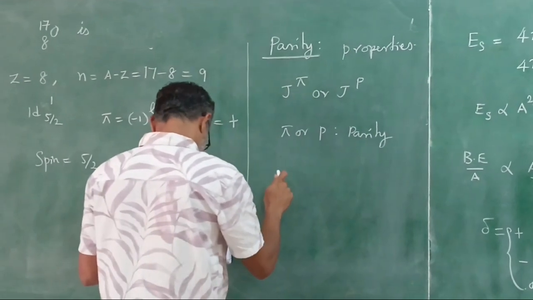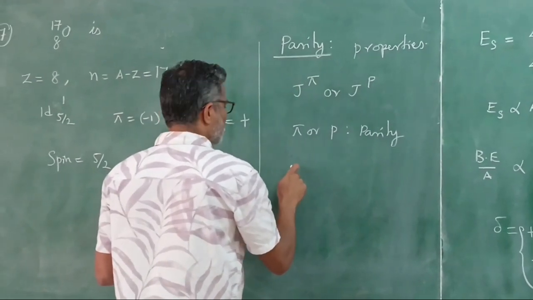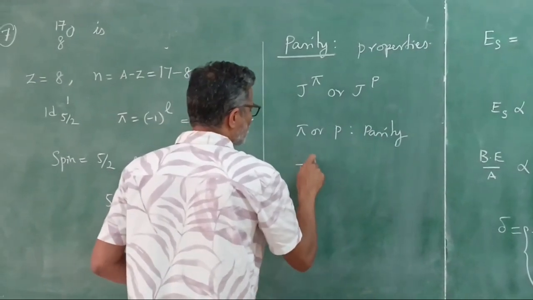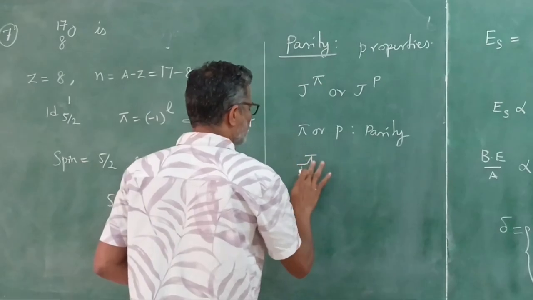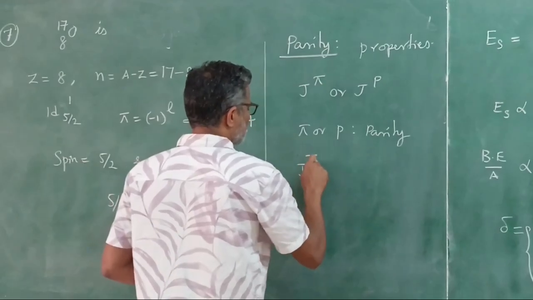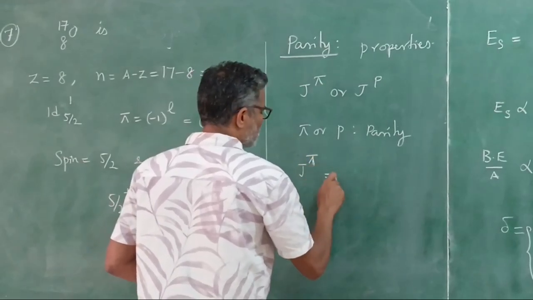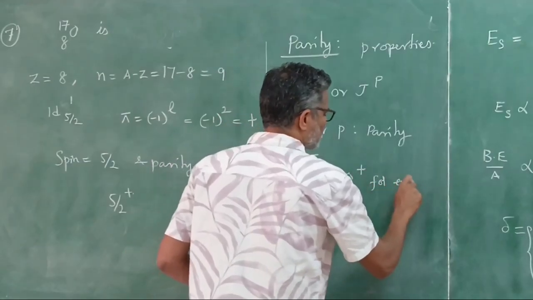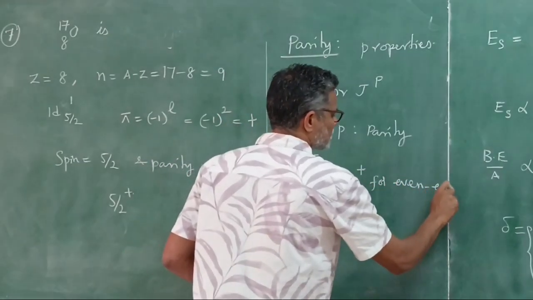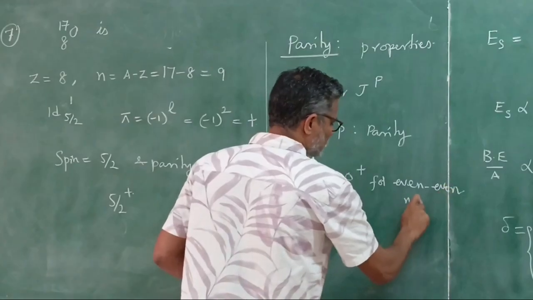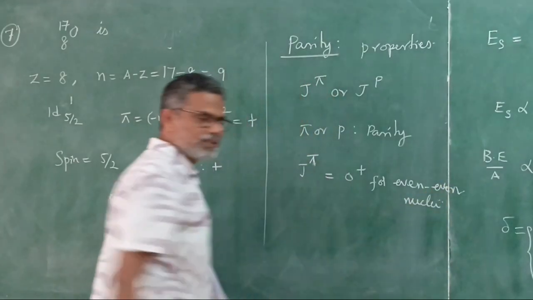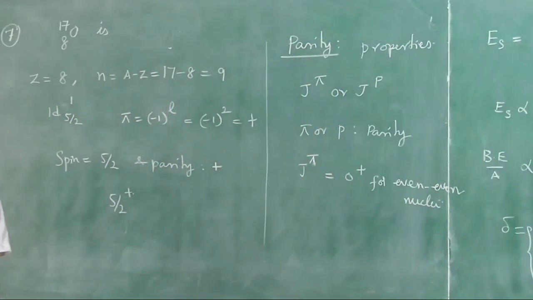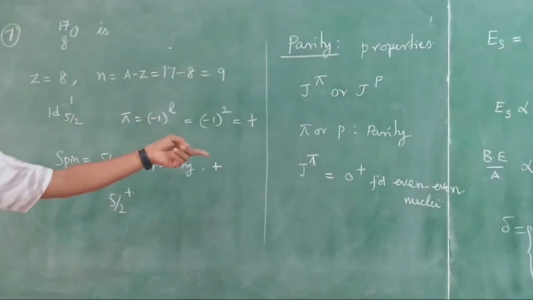The J pi value is 0 plus for even-even nuclei.